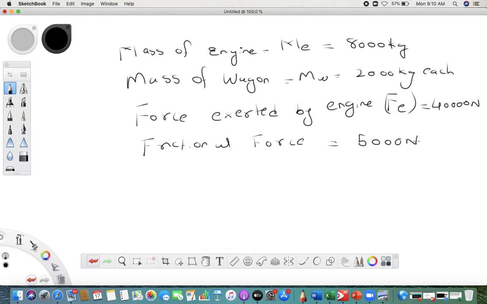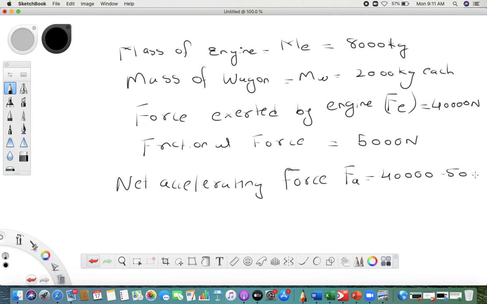So let me write down the net accelerating force. FA is equal to 40,000 minus 5,000. So it is 35,000 Newton.